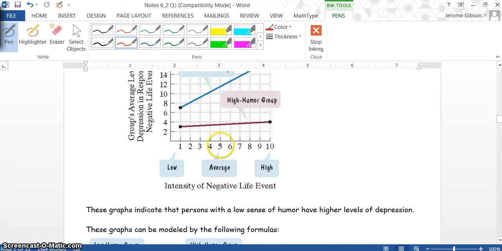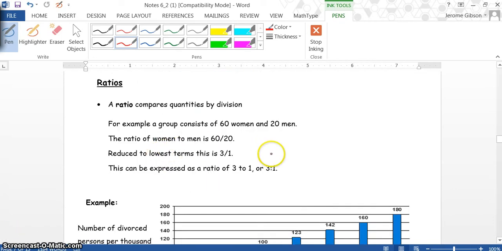We must remember that our x is 5.5, so we go to 5.5, and if we go up, we will be almost at 3.5, which is basically what our answer was.